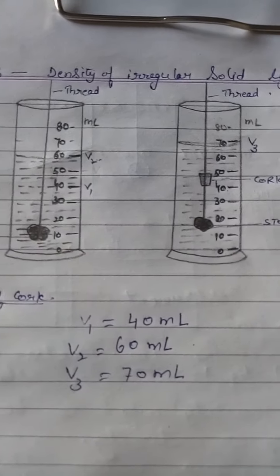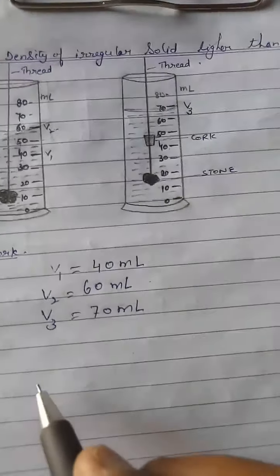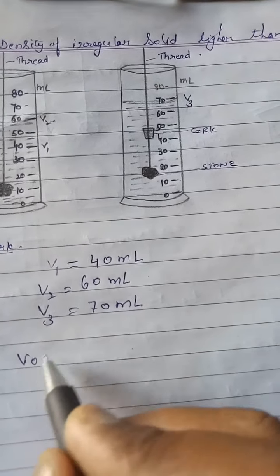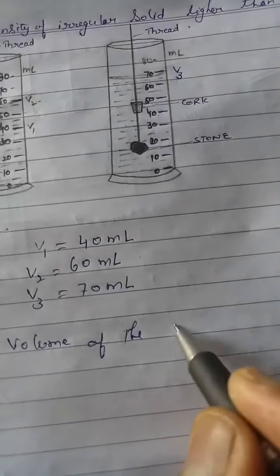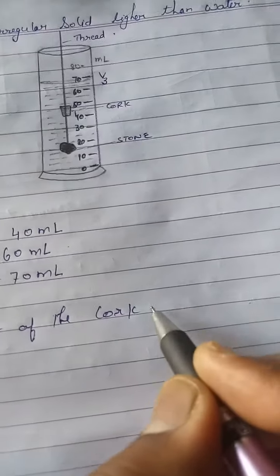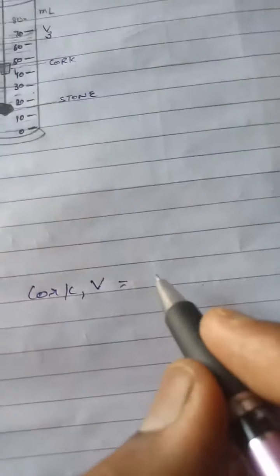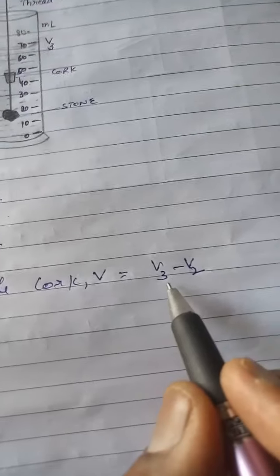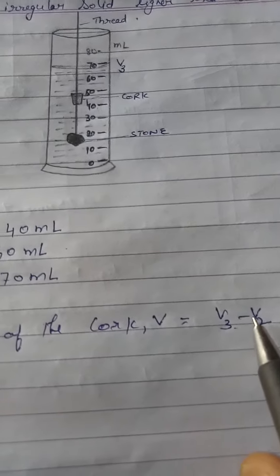Now you will find that there is a change in the volume. So what is the volume of the cork? It is quite simple. Let the volume of the cork be V, and V is equal to V3 minus V2. So we can find the volume of the cork with this formula.